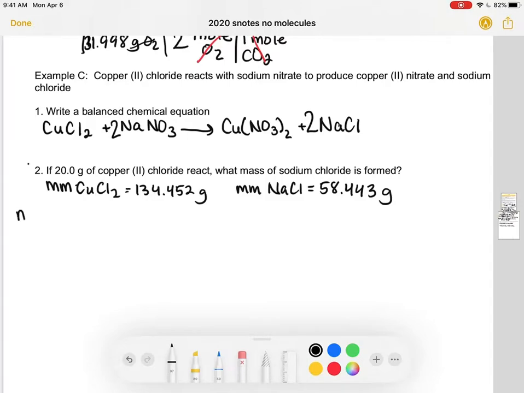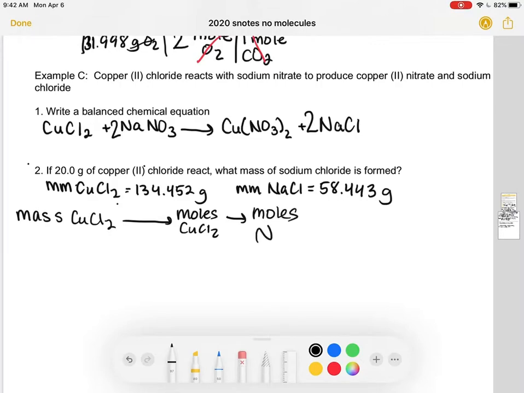Okay, so we're going to go from mass of CuCl2 to moles of CuCl2. From moles of copper 2 chloride, using my balanced chemical equation, I can go to moles of NaCl. And for moles of NaCl, I can go to grams of NaCl.